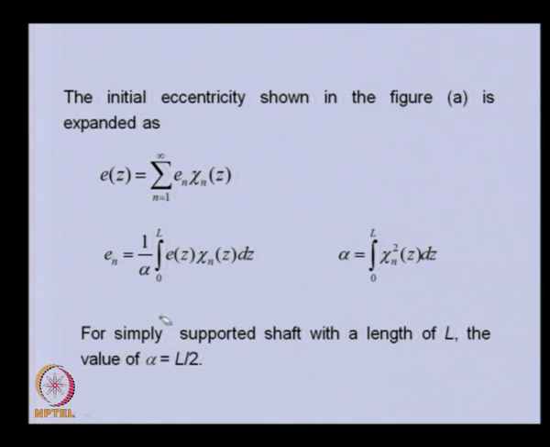Now, for the simply supported case, we already know alpha will be L by 2, because this is a sine function, and if we evaluate this value, it will be L by 2 for the simply supported boundary condition. But for other boundary conditions, the eigenfunction will change and the corresponding alpha will change.